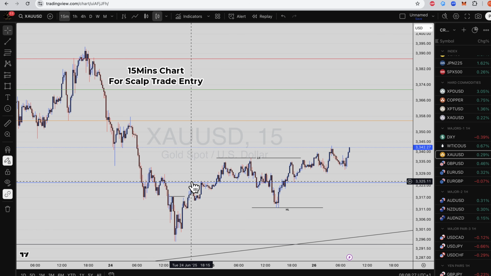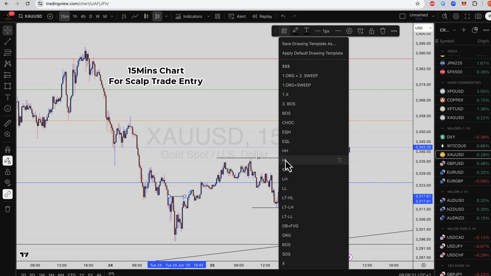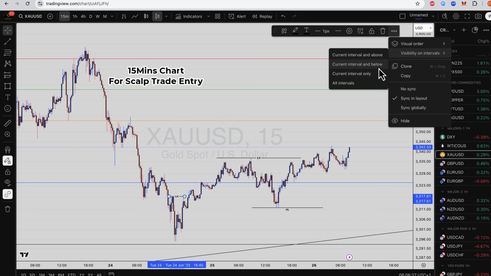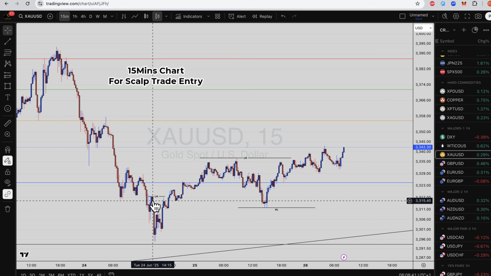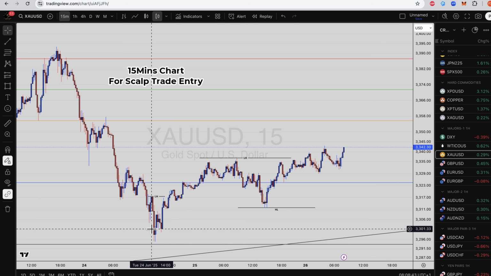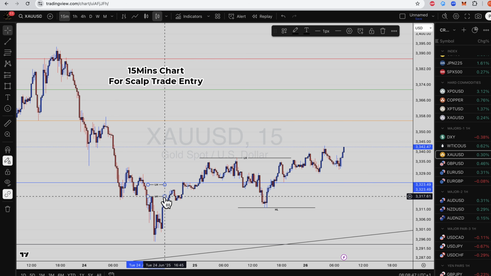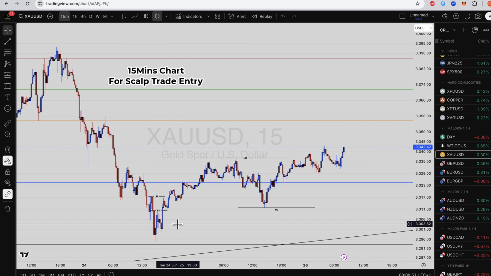I wouldn't want this to show on the higher time frame so that it won't make this chart look dirty. So this is a low high. I'm just going to put it on this time frame and below, interval and below. So as you can see right here, we have a low high, and we have another low high here. So let's just copy this and put it right here again. We have another low high here.